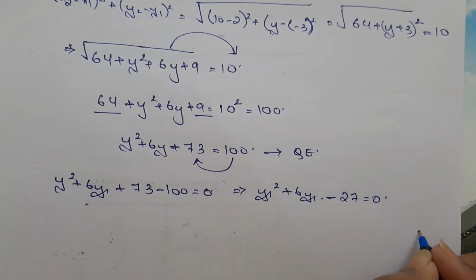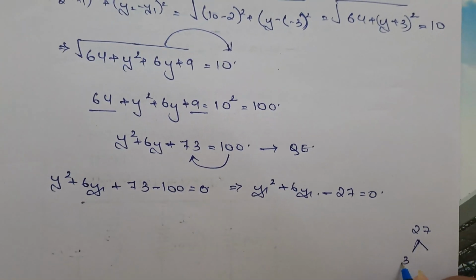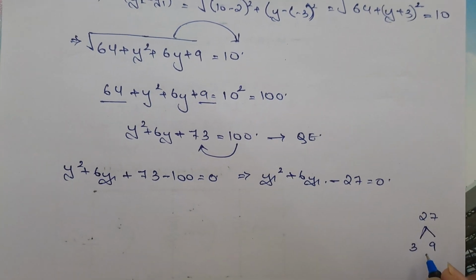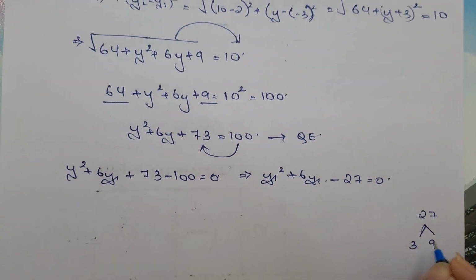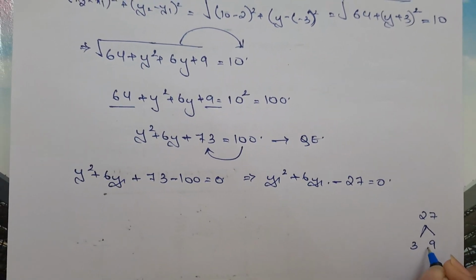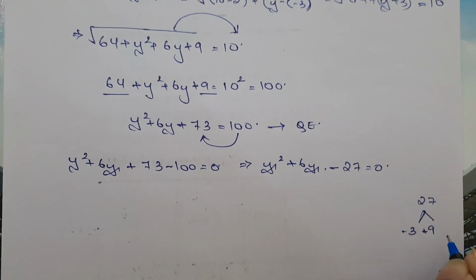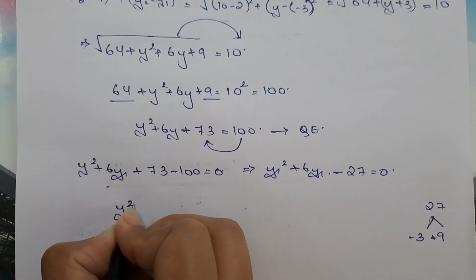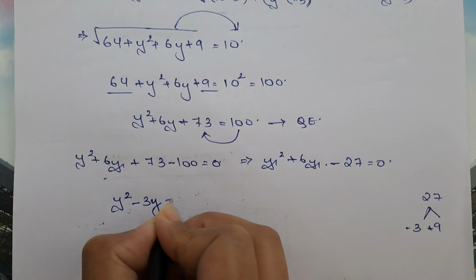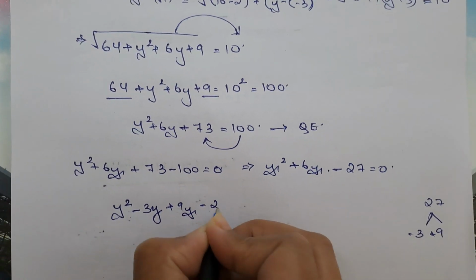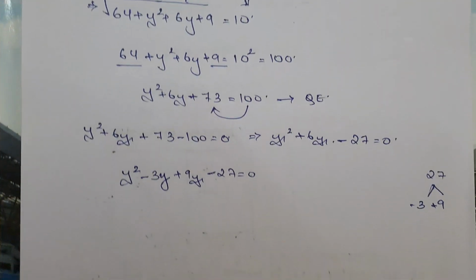Now splitting the middle term method, 27 roots are 3 and 9, and 3 and 9 is already here, so it is going to be plus 9 and minus 3, so y square minus 3y plus 9y minus 27 is equal to 0 is what I get here.